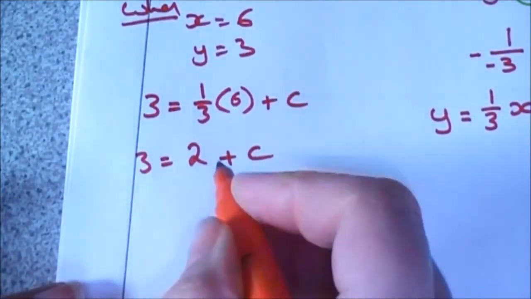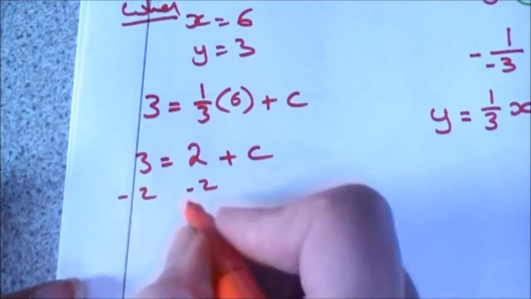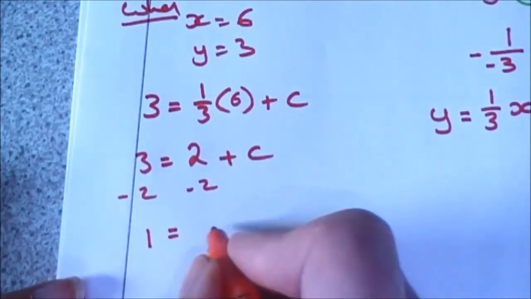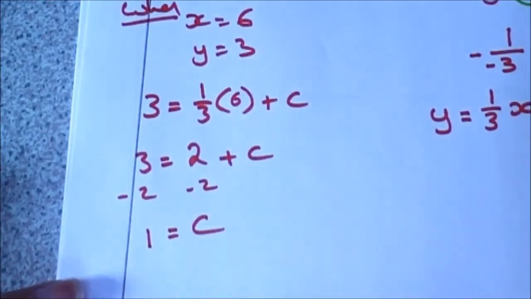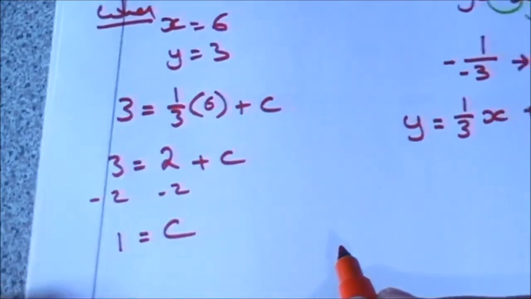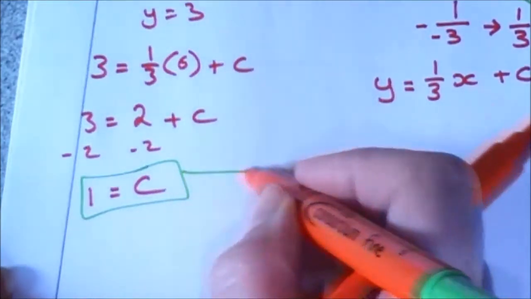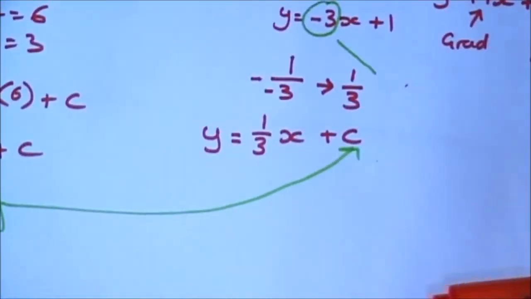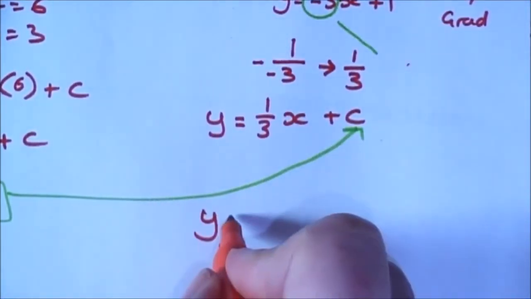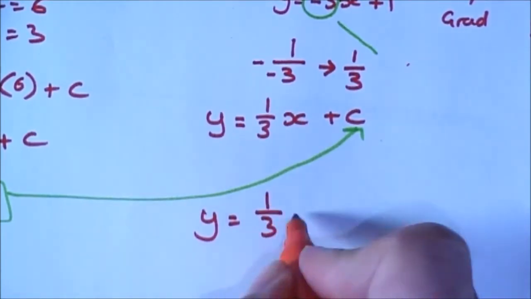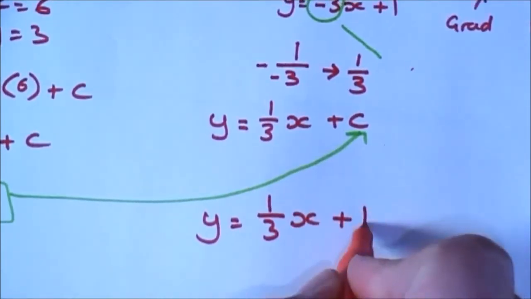Now I want to get the c on its own, so I need to take 2 off both sides, leaving me with 1 equals c. So I know that c is 1. So I can now go ahead and plug that into my perpendicular equation. So y equals a third of x plus 1.